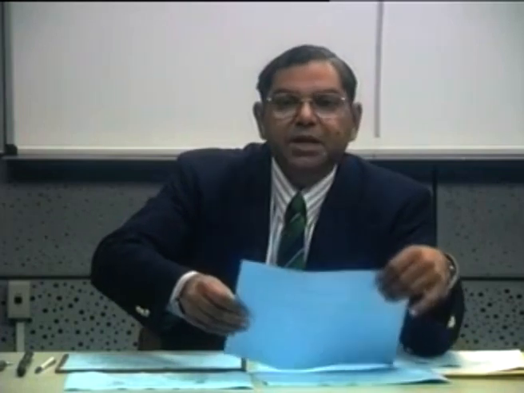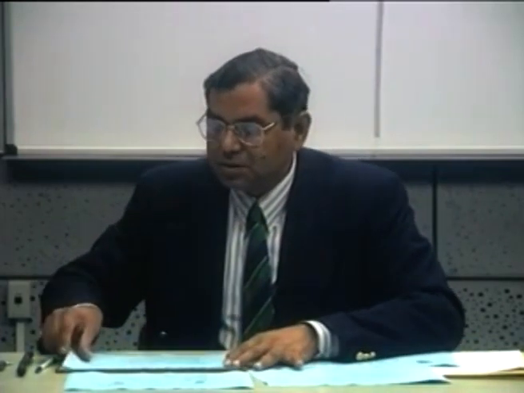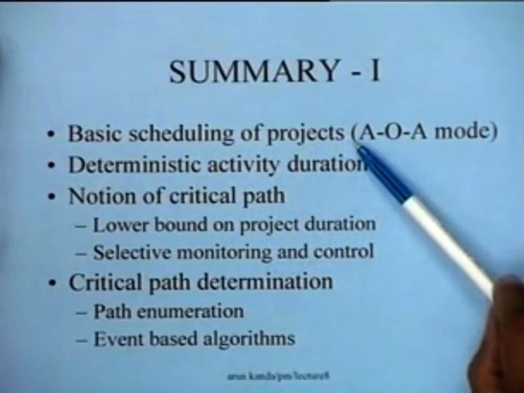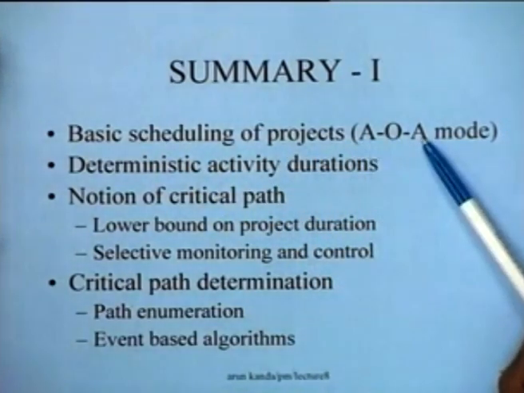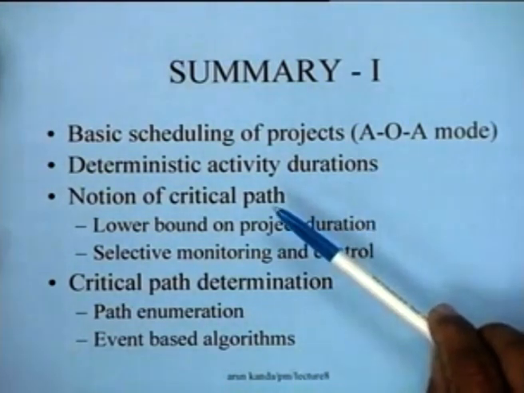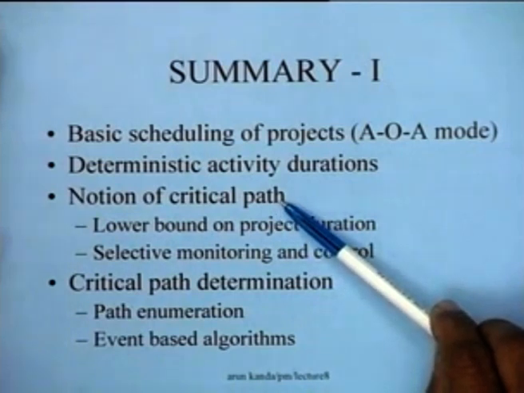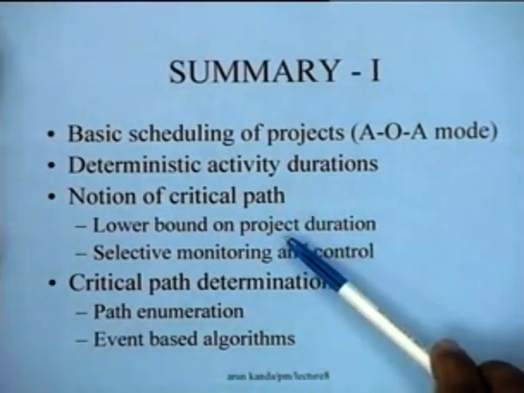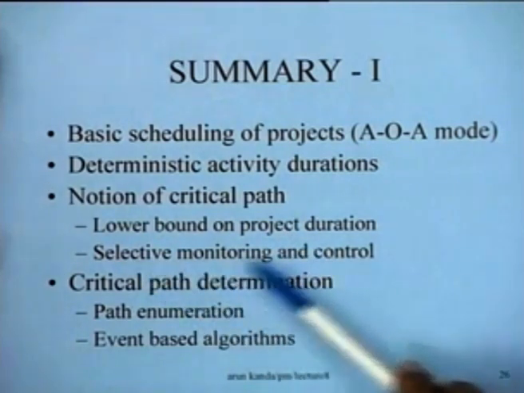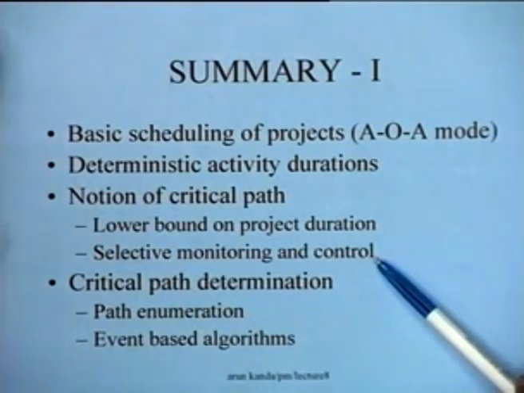Finally, let us try to look at what we did in this particular lecture. So we looked at the problem of basic scheduling of projects in the AOA mode. We dealt with deterministic activity durations. We talked of the notion of the critical path, which is actually the lower bound on the project duration and which is also a device for selective monitoring and control.